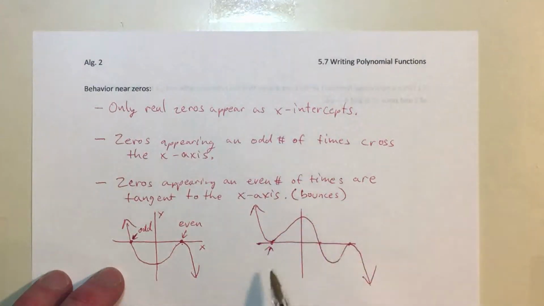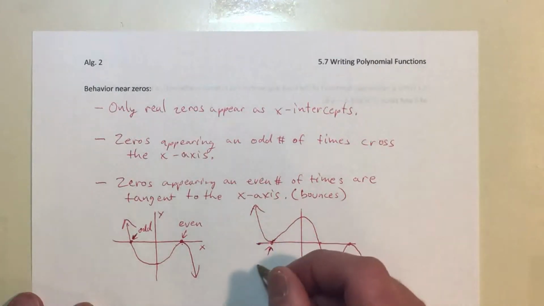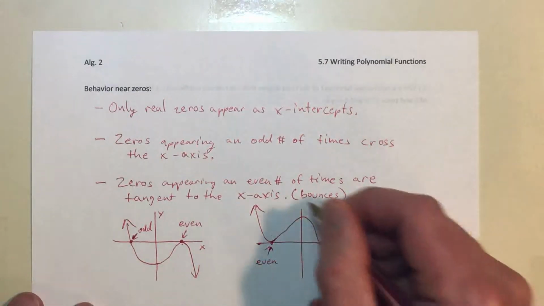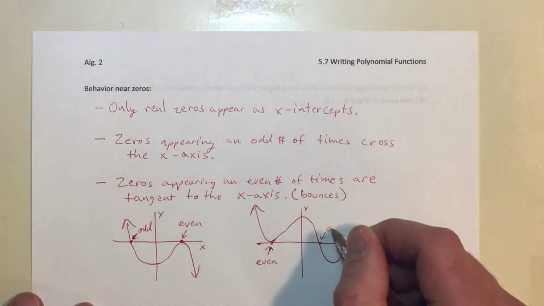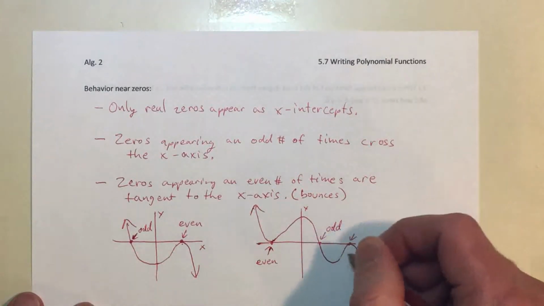Well, the question is, would that 0 have shown up an odd or an even number of times? It bounces. It would have had to have shown up an even number of times. It's tangent to the x-axis. This 0 right here, odd or even? Odd. It crosses. Odd or even? Even. It bounces. It's tangent.